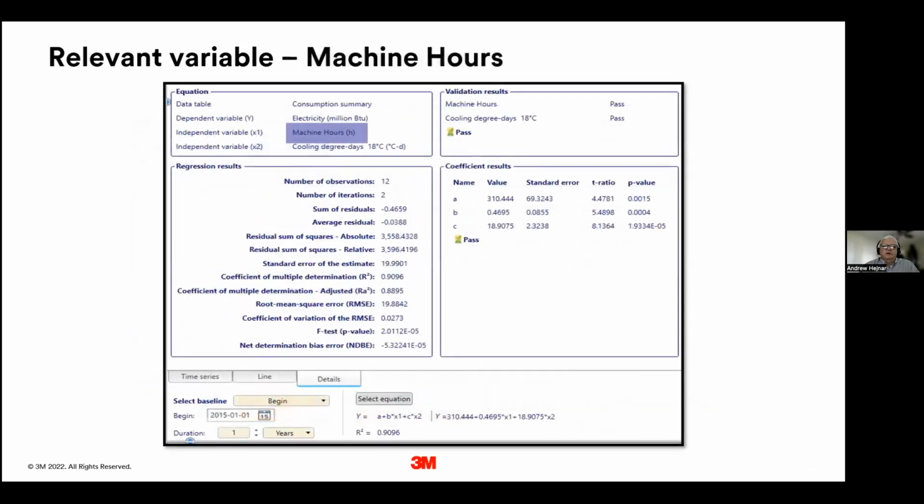Another model we use when we don't have good production data is machine runtime hours. This model uses the time our lines are running instead of how much product we produce on these lines. So it's another very good model to have in case you don't have good production data available.